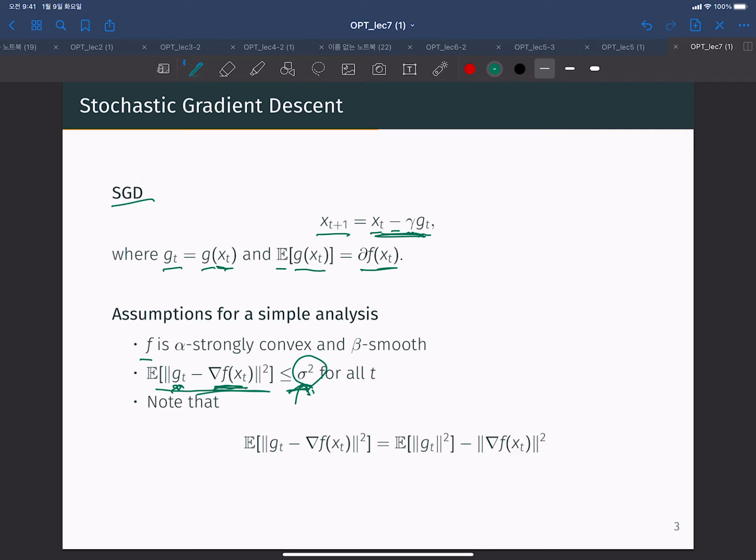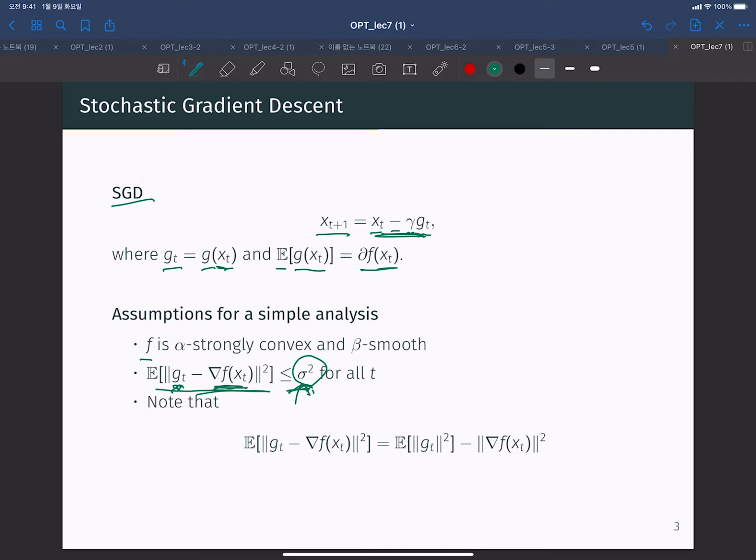x_{t+1} is not equal to x_t. So essentially, from the gradient descent or stochastic gradient descent update, we have to make up the error of each step due to the gradient estimation by stochastic gradient descent.